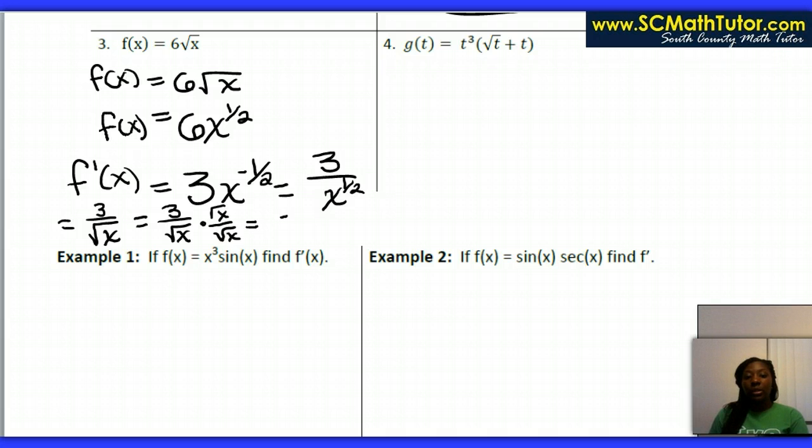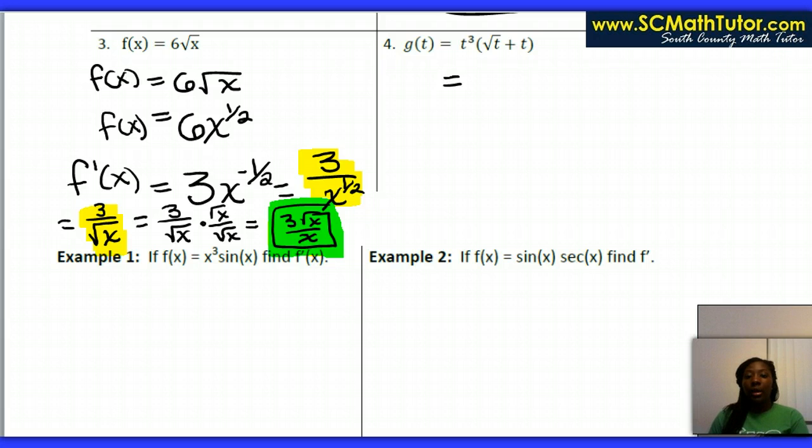So this equals 3 square root of x over x. Okay, so any of these would work. It all depends on the form that they want it, but chances are this final solution is probably how you will see it in a multiple choice exam.